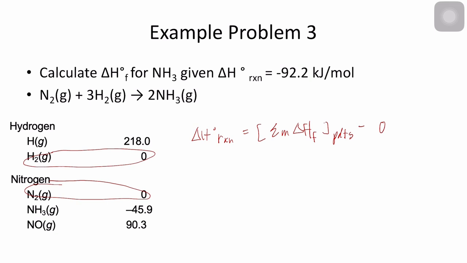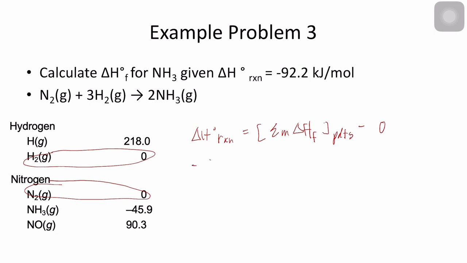So whatever would be the summation of the number of moles multiplied by the standard heat of formation of the products will be equal to the standard heat of reaction for the whole process.